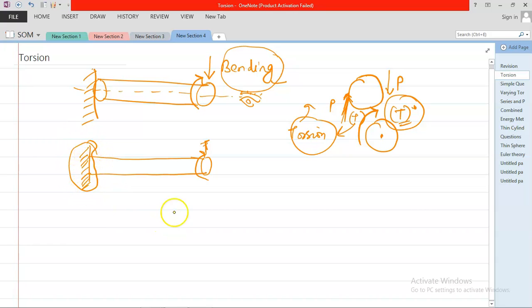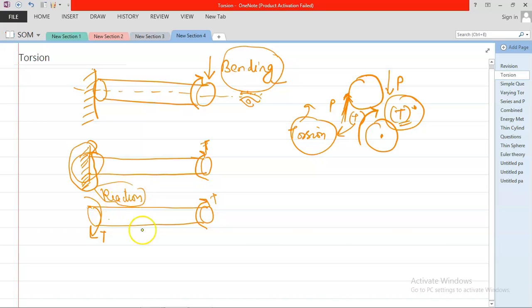So I am removing the support. Now this torque is applied, then in order to resist it you need to apply a counter torque, so that it will tend to produce a twist in this body. So what is the reaction at this fixed support? You can say a clockwise torque. Okay, so this is the reaction at the support.